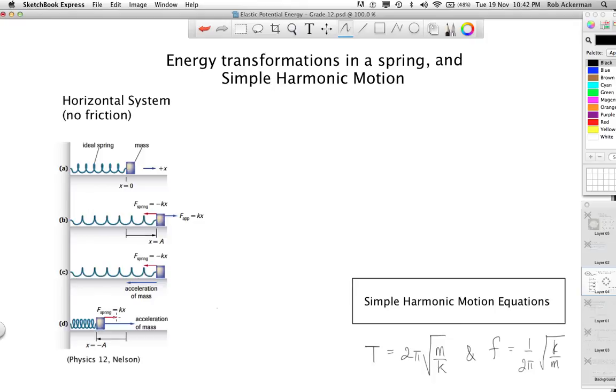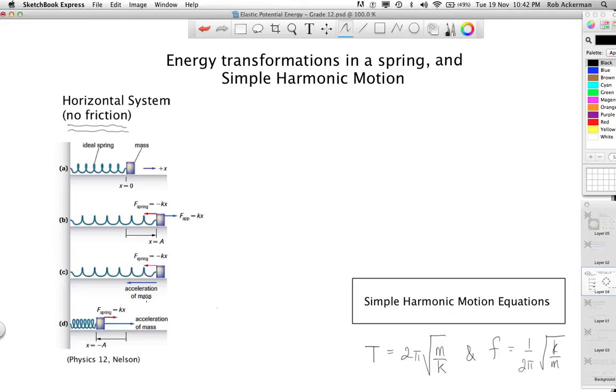Of course, the mass is going to overshoot the original x equals 0 position, and it's going to compress the spring like you see in figure D. Once the spring gets compressed, it will push in the opposite direction and cause the mass to go to the right. And if there's no friction, which I've mentioned up here, then this mass will just keep going back and forth all day.